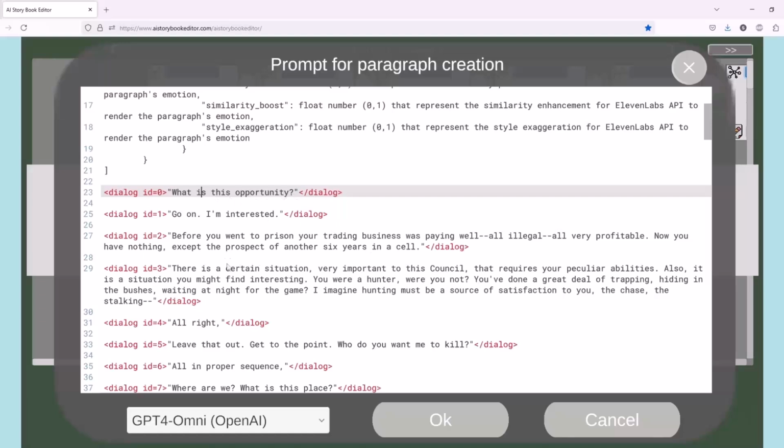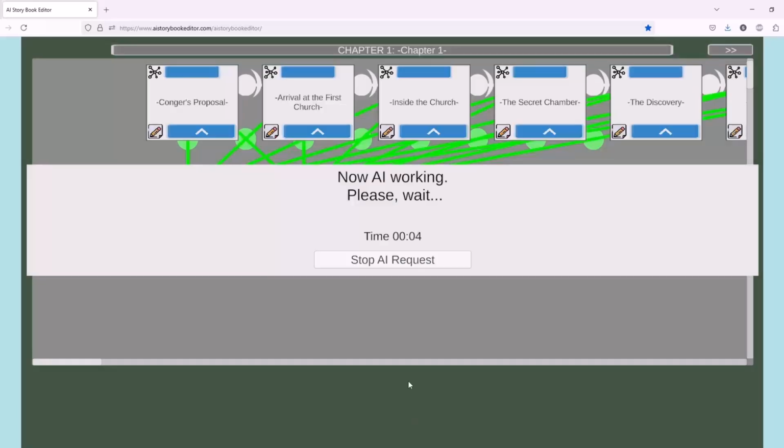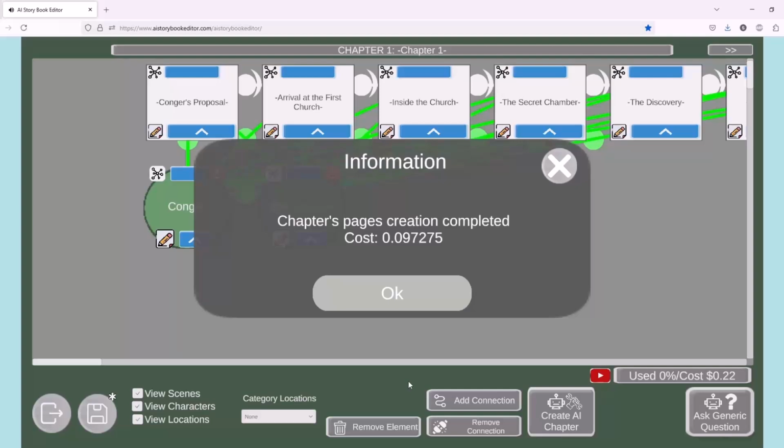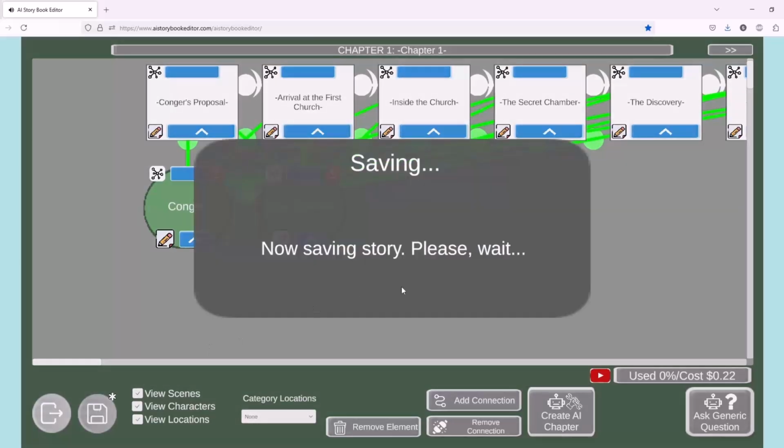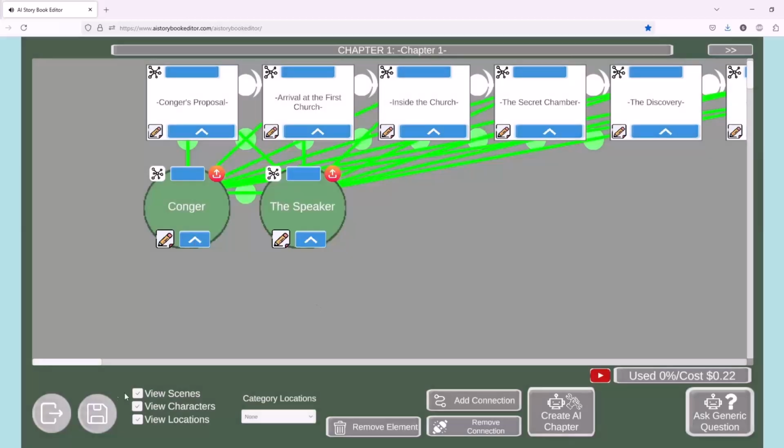Okay, and we are going to use ChatGPT Omni Mini to get a better result in this dialogue assignment. So let's do it. Okay, let's save the process and review the results.